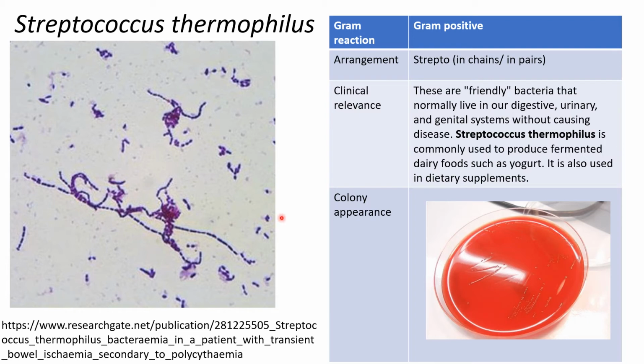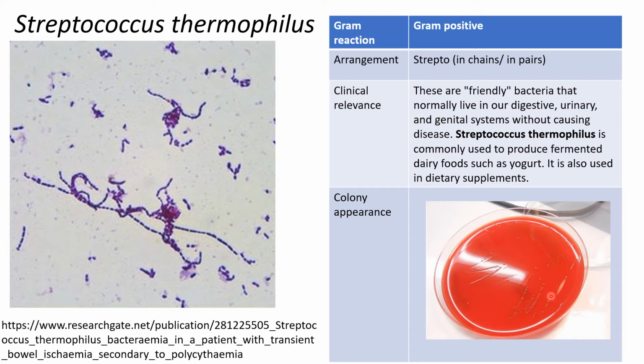Sometimes yung yogurt drink nyo or probiotic drink, they have Streptococcus thermophilus. They're used to produce fermented dairy foods. Okay, and of course they are also used as dietary supplements, like to increase the level of probiotics.